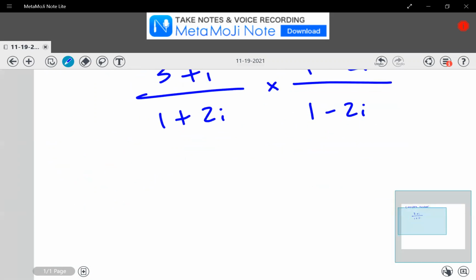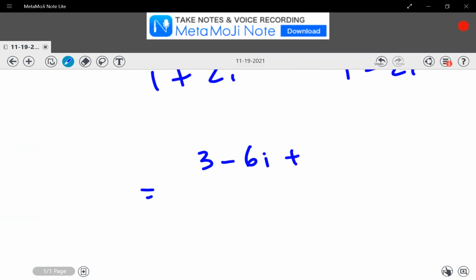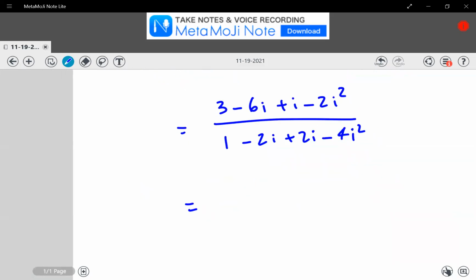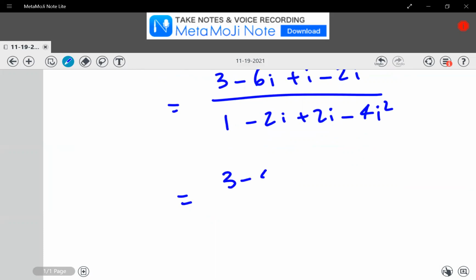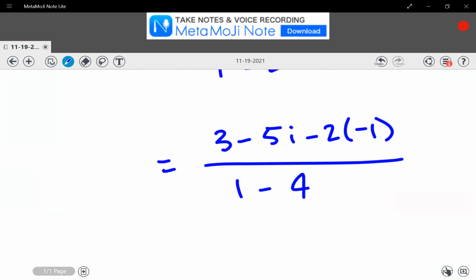And multiplying this, we get the following: 3 minus 6i plus i minus 2i squared, divided by 1 minus 2i plus 2i minus 4i squared. And simplifying that, we get 3 minus 5i minus 2 times -1 from that i squared up here, divided by 1 minus 4 times -1.